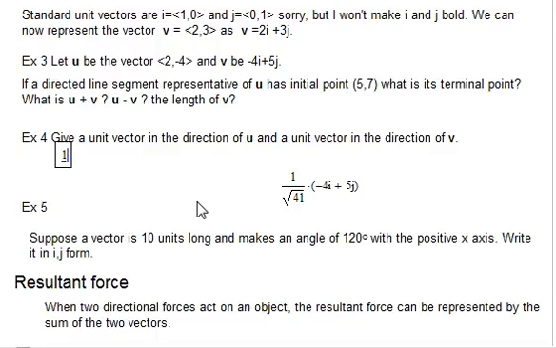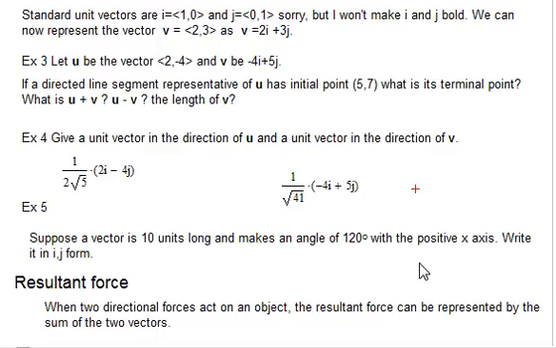So 1 divided by 2 times the square root of 5 times 2i minus 4j. There we have it. That's a unit vector in the direction of u, and here's the unit vector in the direction of v, and that's good.